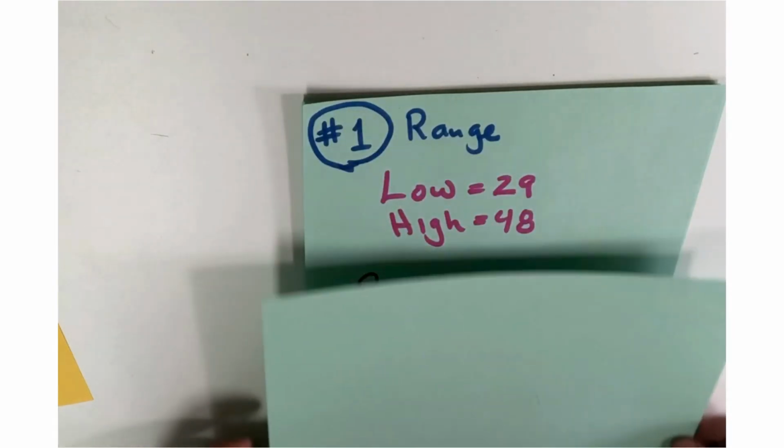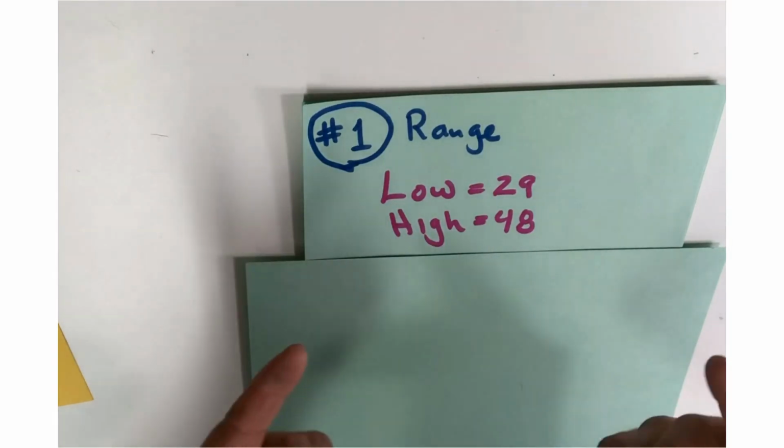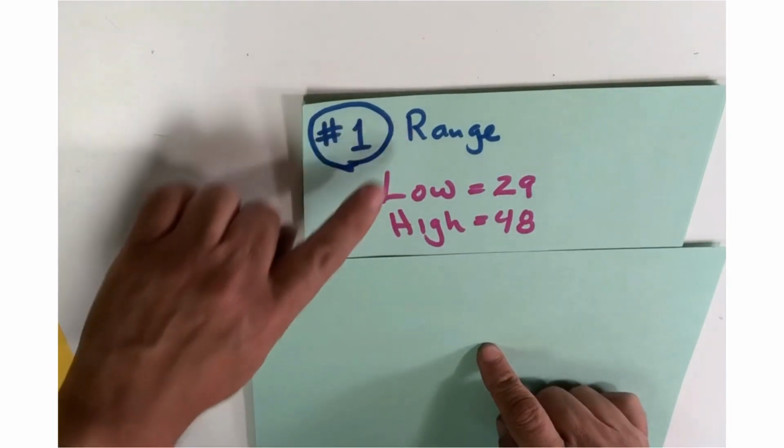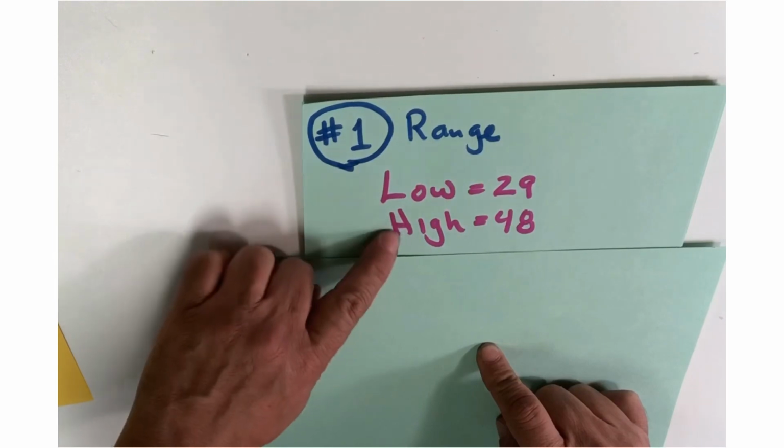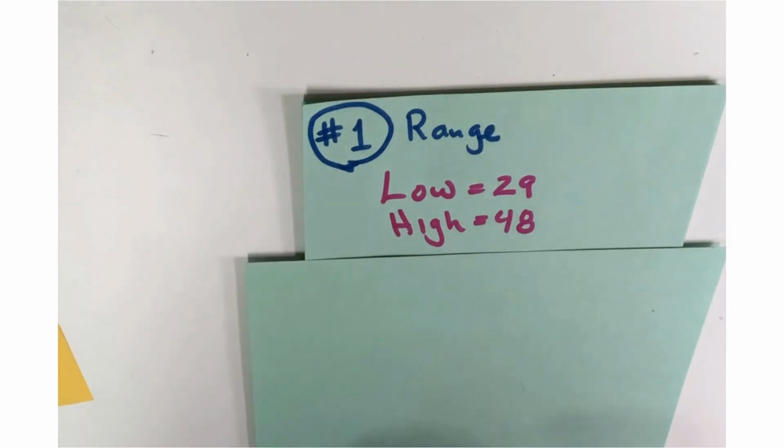So let's take a look at question number 1. Like the first 4 or 5, it's really simple, and it's basically going to give you a keyword to find the range. You remember that in order to find the range, you have to first find the low number and the high number and do what with them? That's right, just simply subtract them.